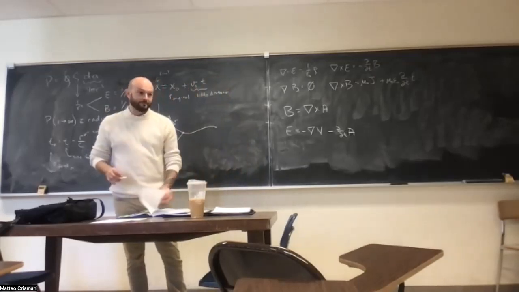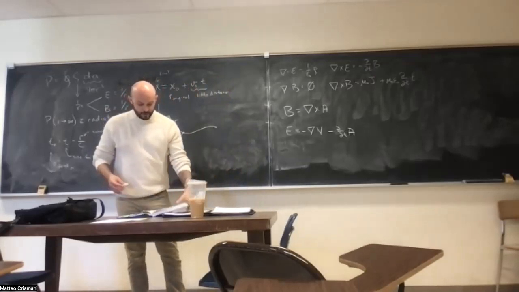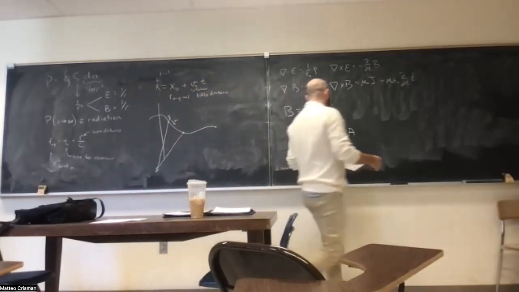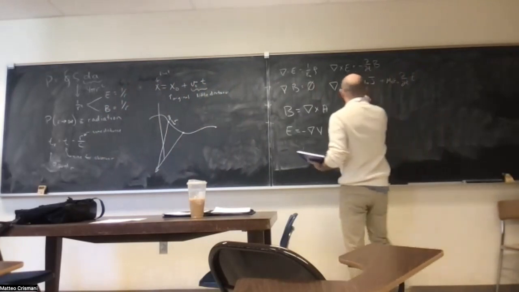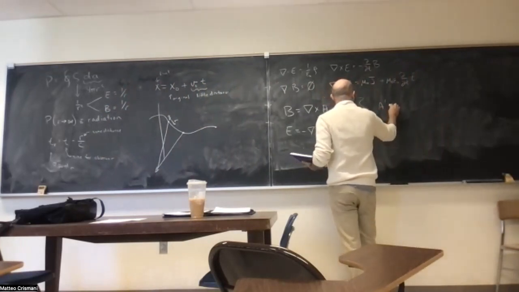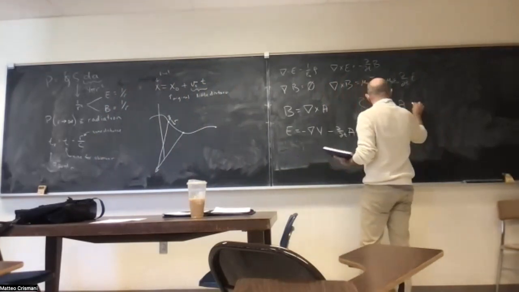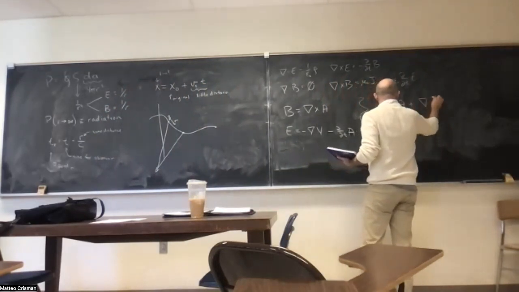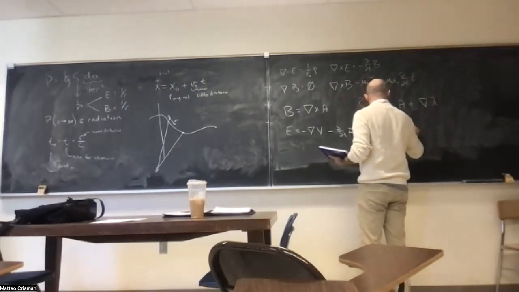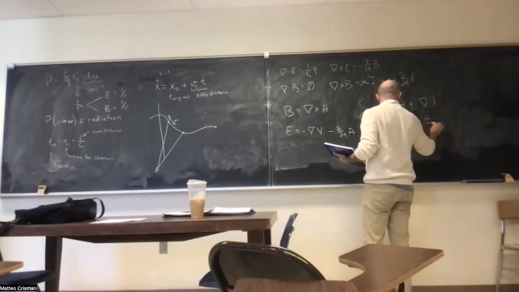Okay, so what are the gauges here? For all this? So hold on. We can look back in the notes here, but you can do anything like this. A prime is equal to A plus the gradient of lambda, and V prime is equal to V minus the time derivative of lambda.